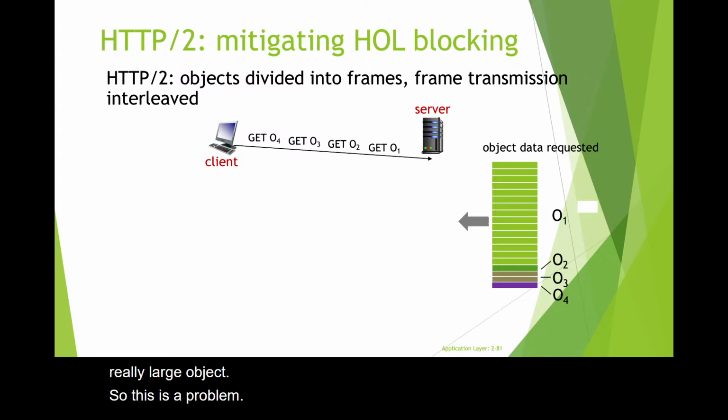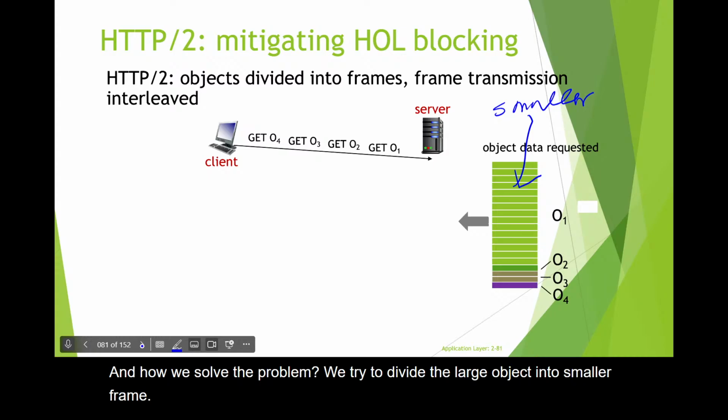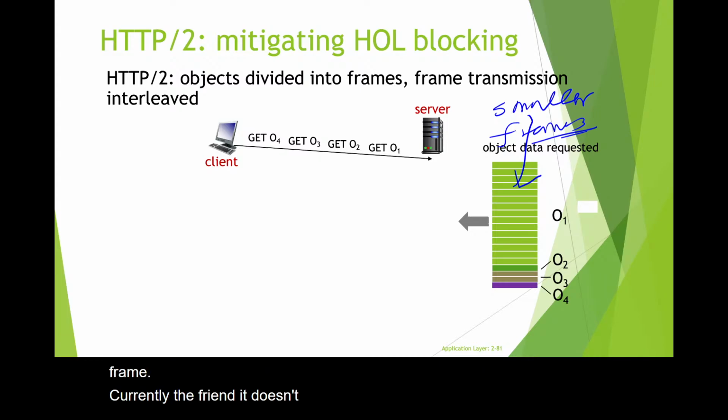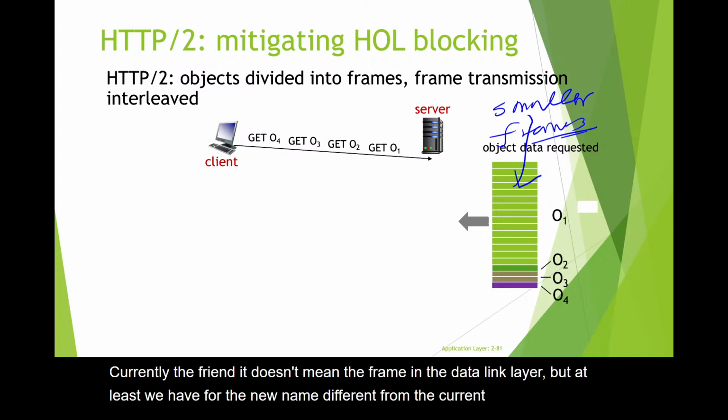How do we solve the problem? We try to divide the large object into smaller frames. Currently, the frame doesn't mean the frame in the data link layer, but at least we have a new name different from the current objects. So we have the term frame here.